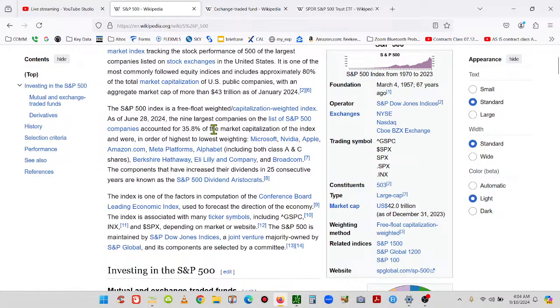So here it shows a little bit of a description. The S&P 500 is a free float weighted capitalization weighted index. As of June 28, 2024, the 9 largest companies on the list of the S&P 500 companies accounted for 35.8% of the market capitalization of the index and were in order of highest to lowest weighting.